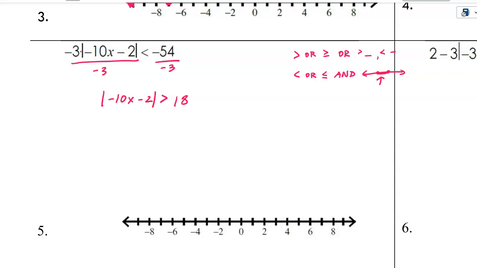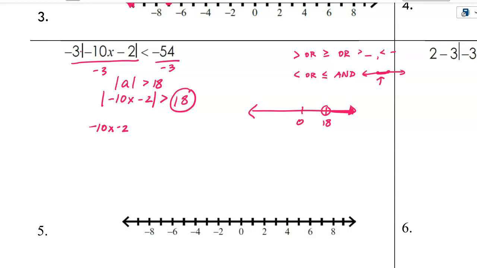But instead of doing that, if you understand that when you take an absolute value of something, you are finding the distance. So a distance could be 18. It has to be greater than 18. So if I draw this, and if I make that a, absolute value of a is greater than 18, it has to be greater than 18.